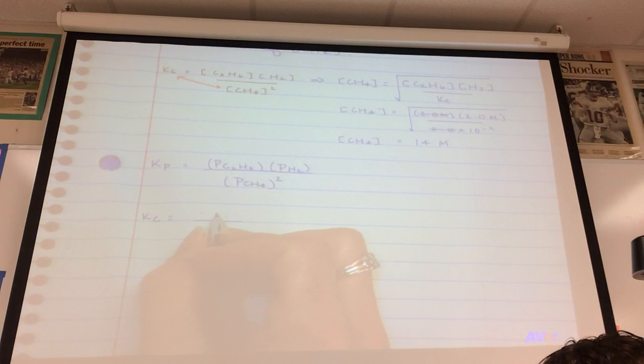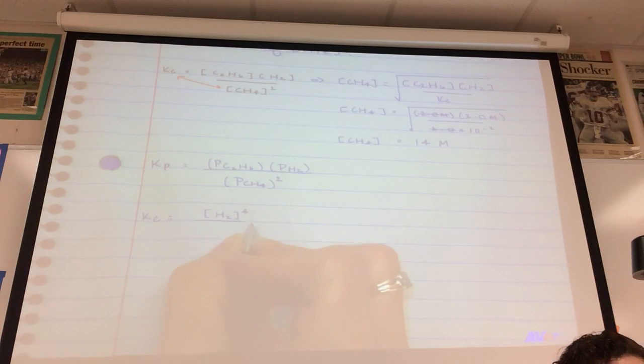Fe3O4. Why would you not include that? I'm just kidding, it's a solid. Right. Okay, so it's just H2 to the 4th. The concentration, yeah, that. Where'd the 4 come from? The coefficient. Should I put the 4 in here too? No. No, no, no, no. What goes in the denominator? H2O to the 4th. You got it.